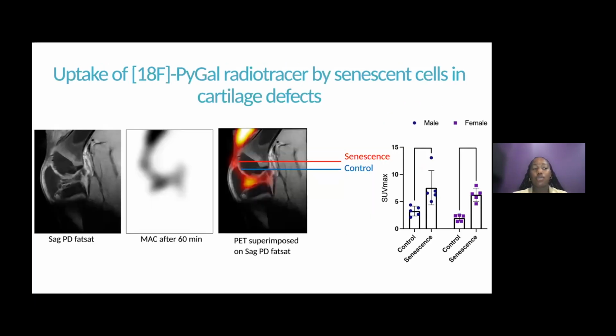On day 2, the PET and MRI scans are conducted after the intra-articular injection of the radiotracer. If you take a look at the picture that has the senescent and the control labeled, we can see that the senescent cells have more of an uptake of the radiotracer than the control group.